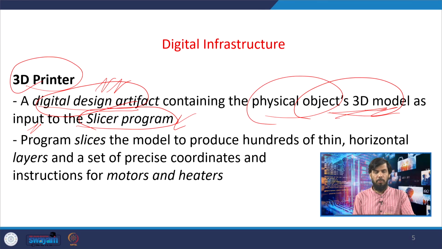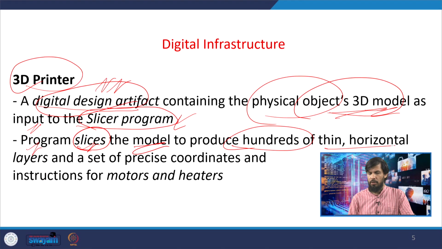What this program does is slice the 3D model, the digital design artifact of the object. So this program slices the model to produce hundreds of thin horizontal layers, right, and a set of precise coordinates and instructions for motors and heaters.